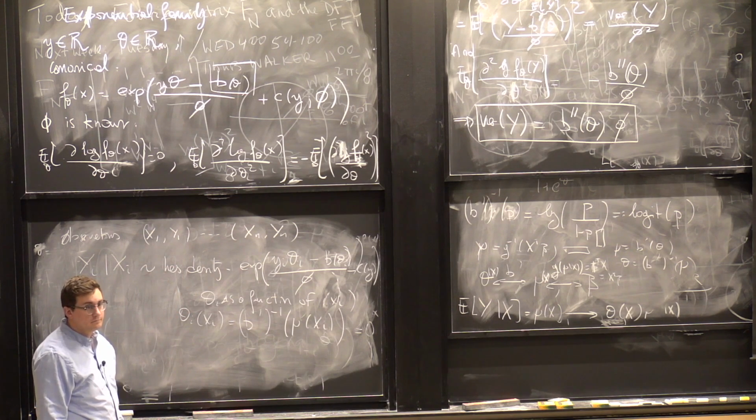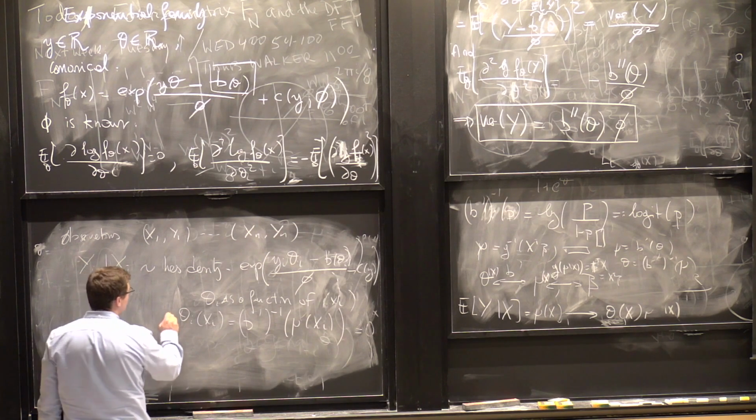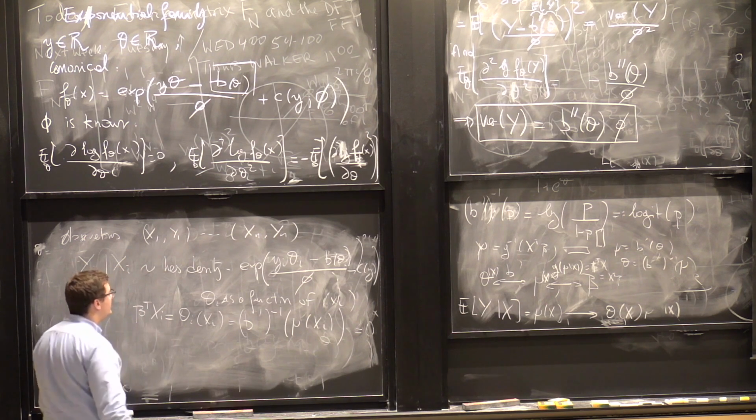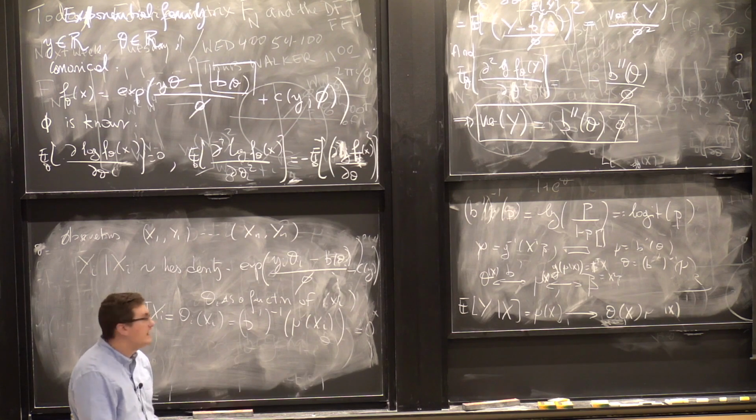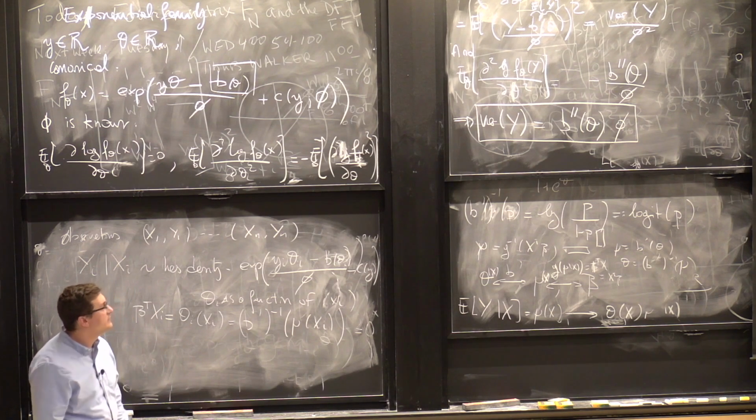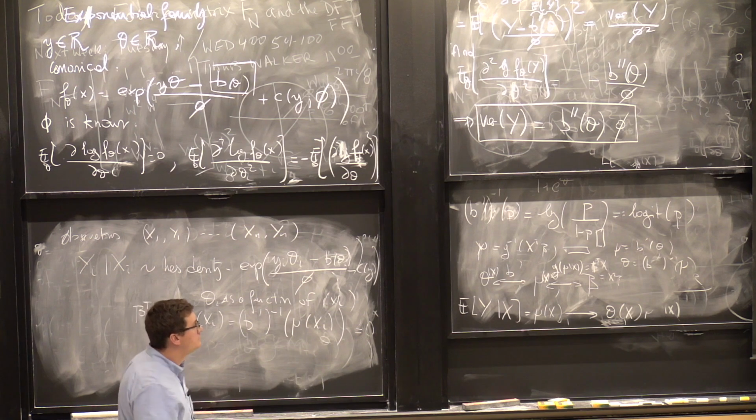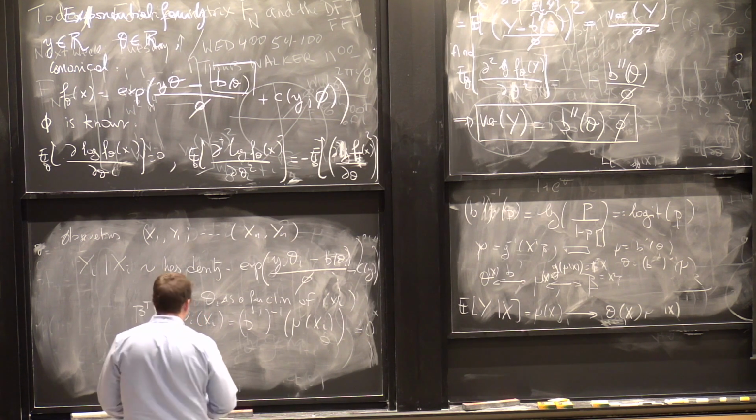And I'm going to assume that this is of the form beta transpose xi. This is why I have a theta i: it is a function of xi, and I'm going to assume a very simple form for it. Sorry, I should not write it like this.